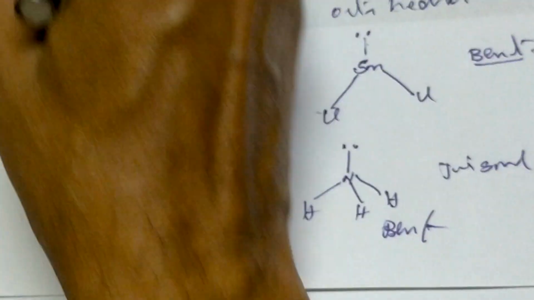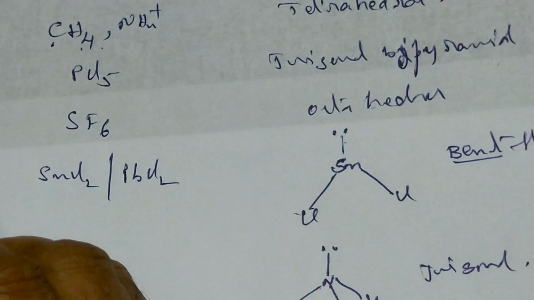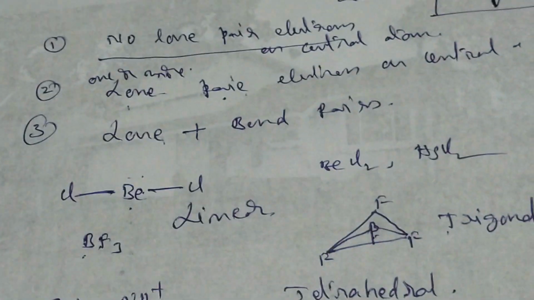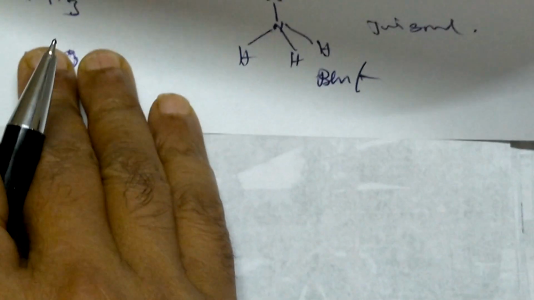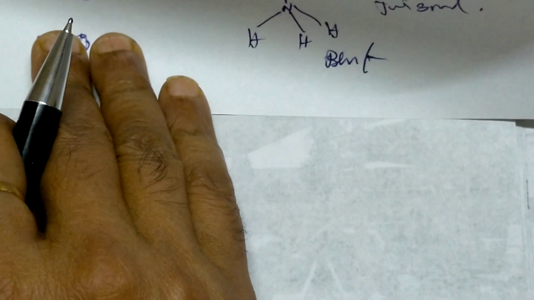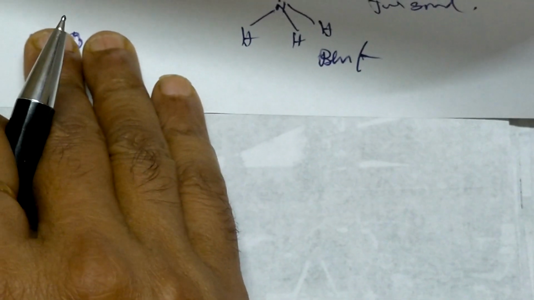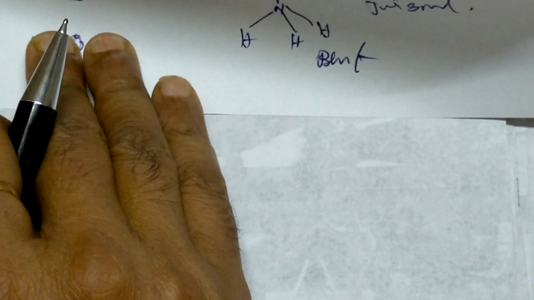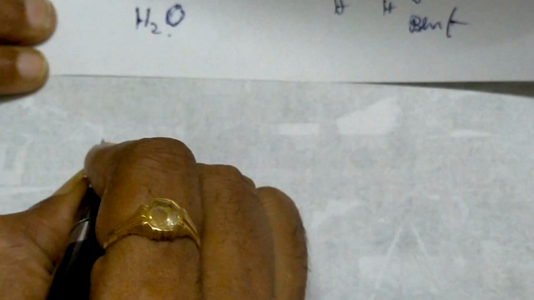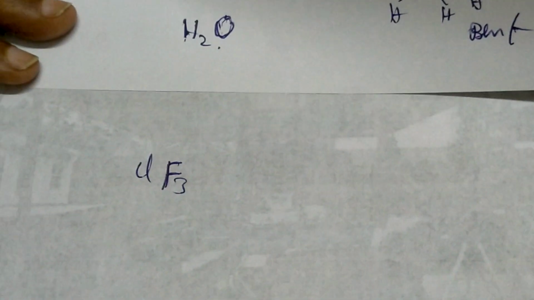This is one category. What is the second category? The other category is again lone pairs plus bond pairs. One small example we will see: ClF3, a typical example. Chlorine and fluorine form a compound. There are two lone pairs on the chlorine, and another three are forming bonds.